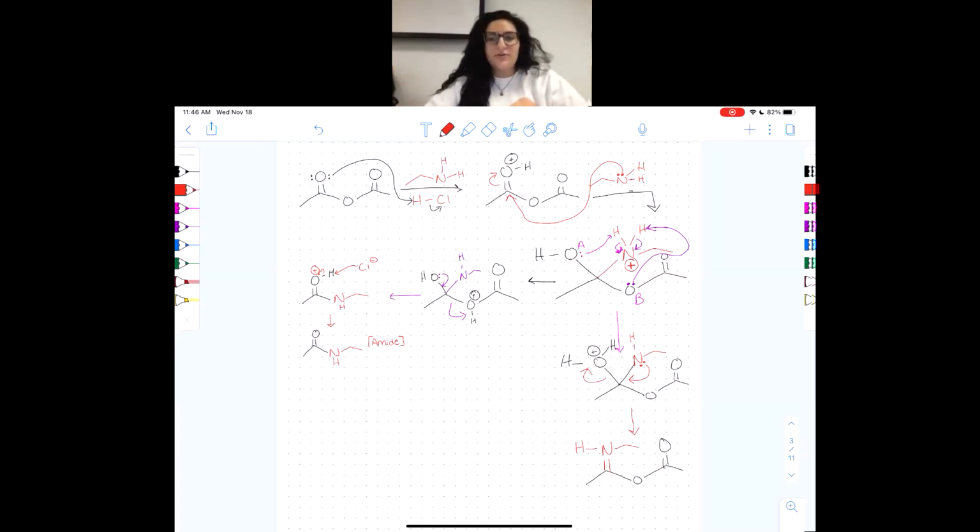So there's usually 2, maybe 3 or 4 different ways that a reaction can and will proceed. I usually try to just pick whatever's the easiest way to draw it out for you guys. But the textbook does show you a couple different ways that it could proceed. All of them would work. I just like to draw it in the way that I think is simplest for you guys, if that makes sense.